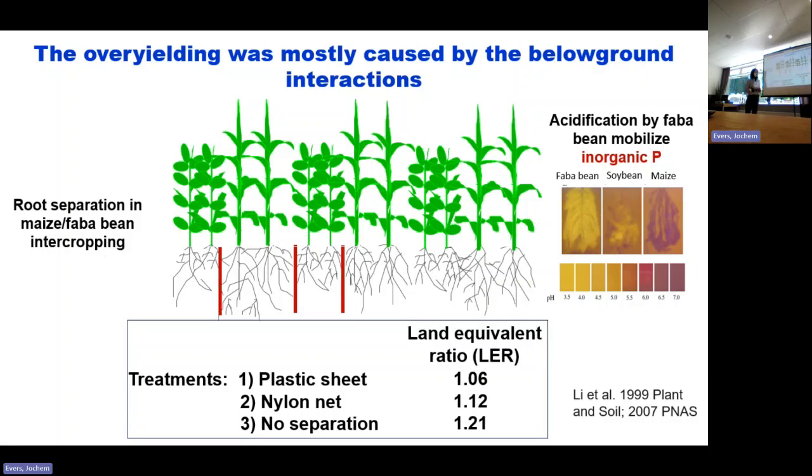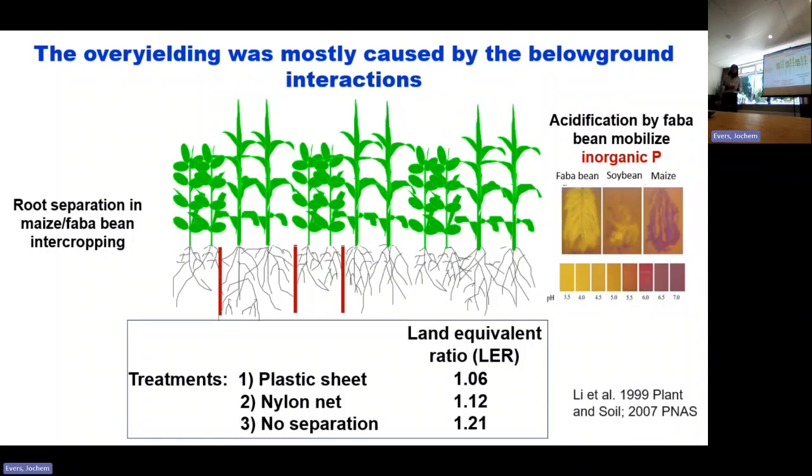The LER is larger than 1. And without separation, the land equivalent ratio is larger. So based on these results, we think the below ground interaction plays a key role in the overyielding.